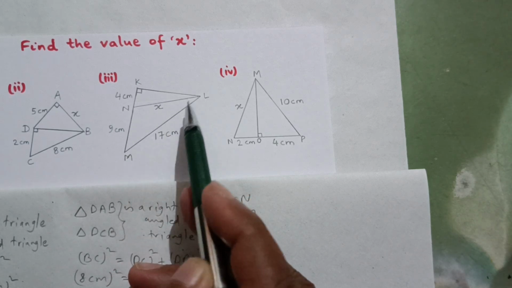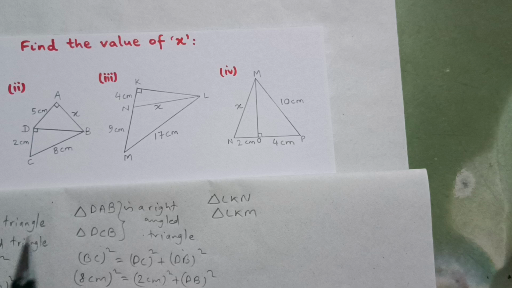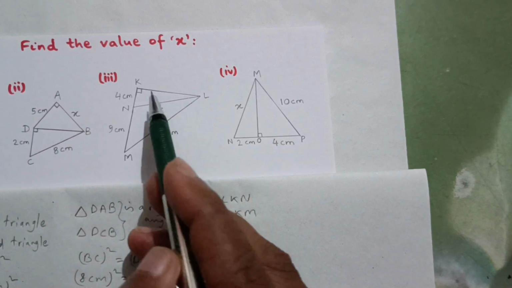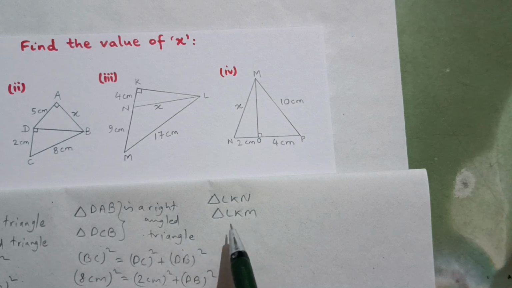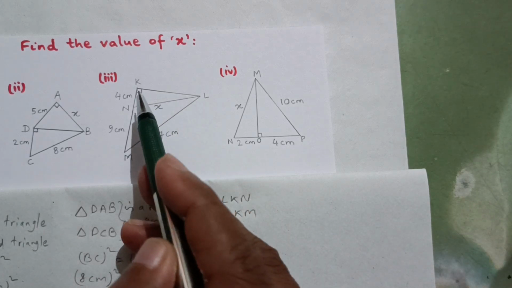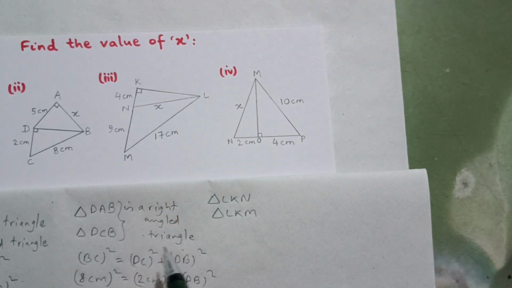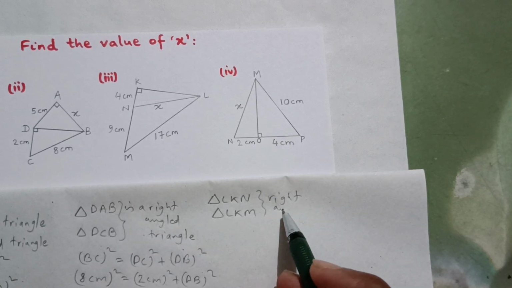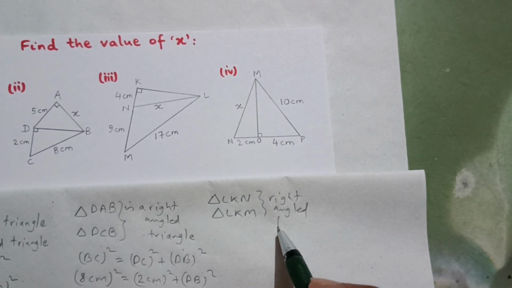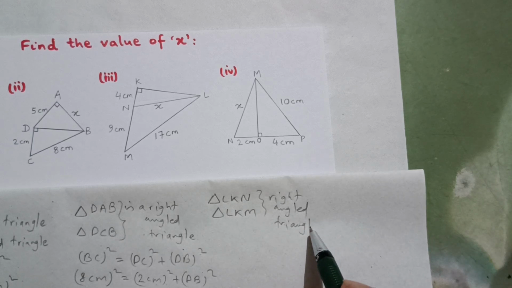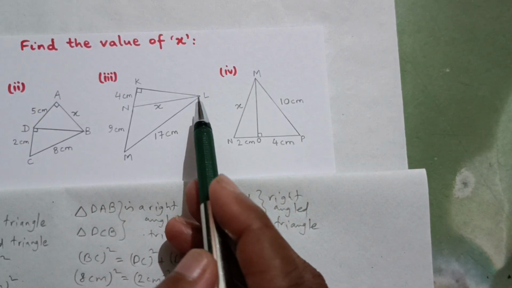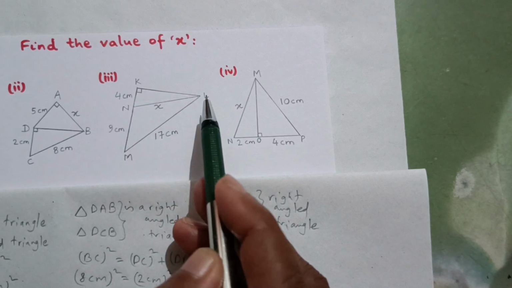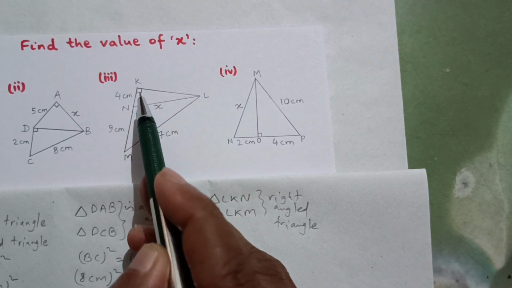Both triangle LKN and triangle LKM are right angled triangles, because in triangle LKN, angle LKN is 90 degrees.